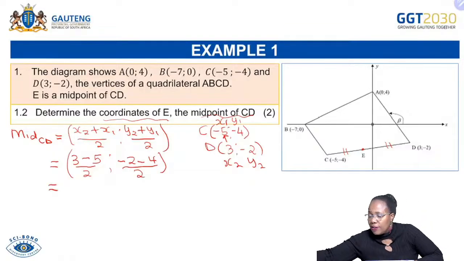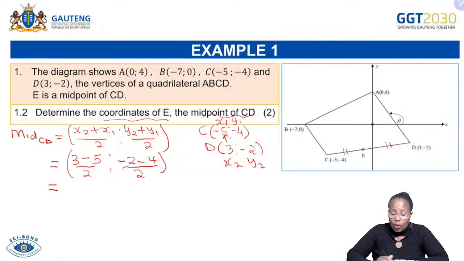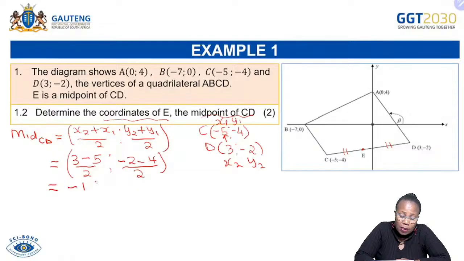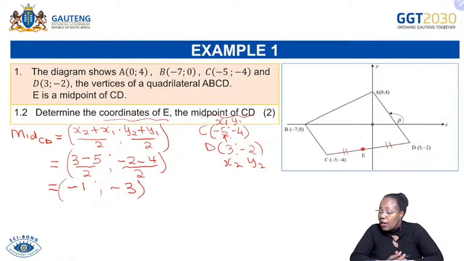3 minus 5 is -2 divided by 2. That is a -1, okay? 3 minus 5 is minus 2, which is minus 1. Minus 2 minus 4 is minus 6 divided by 2, that is a minus 3. Can you see now? You must also check within your calculation where the dots lie. Is it correct to have a coordinate as being -1 and -3?